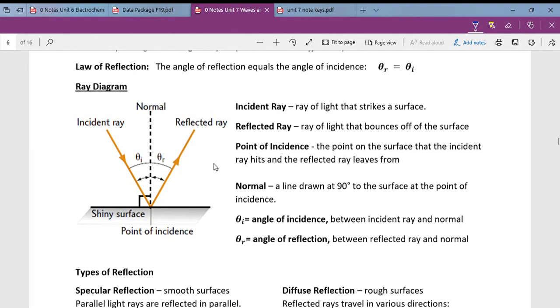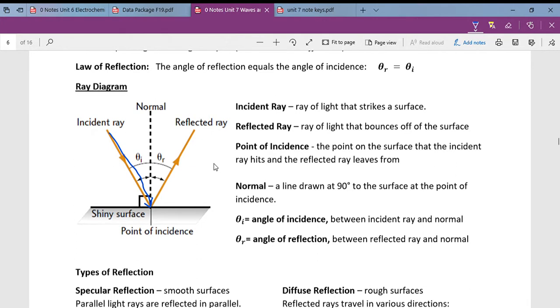So the law of reflection is that the angle of reflection is going to equal the angle of incidence, which I'll explain in this diagram. If we have an incident ray, so this is a ray coming in, picture this as a light ray, for example, and it hits a surface. You are going to have an angle made between the incident ray coming in and a normal.